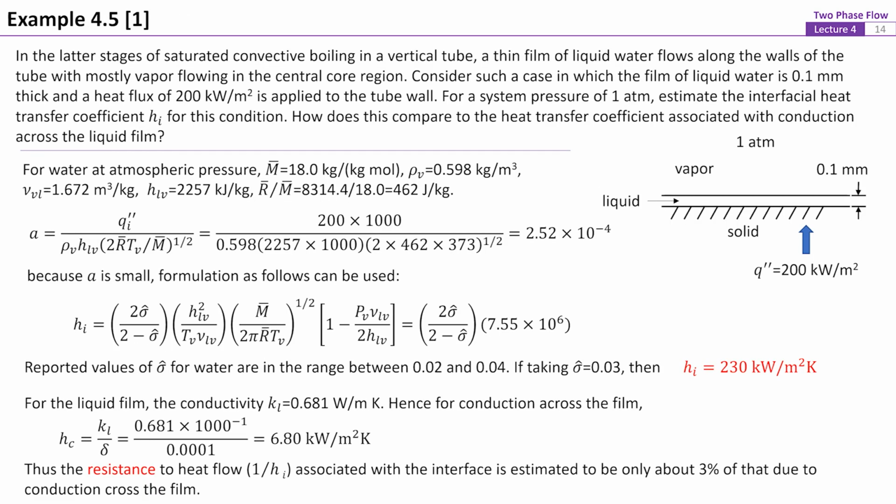Example 4.5 in the textbook illustrates the procedure of using the analysis we just introduced to estimate the interfacial resistance in heat transfer on the liquid-to-vapor interface during a phase change process. The amount of heat transfer being contributed from evaporation is approximately 3 orders of magnitude higher than that from heat conduction across the interface.